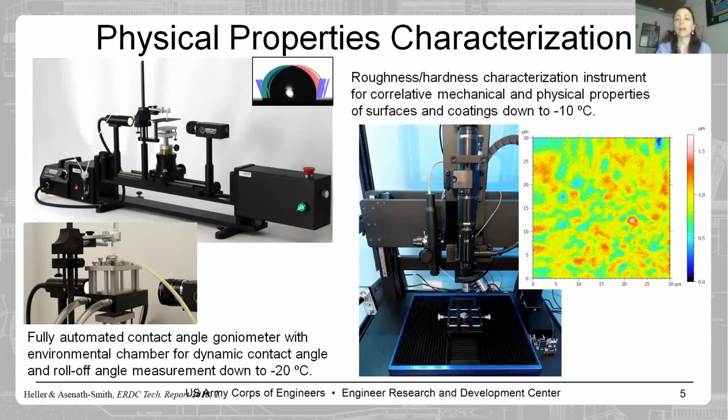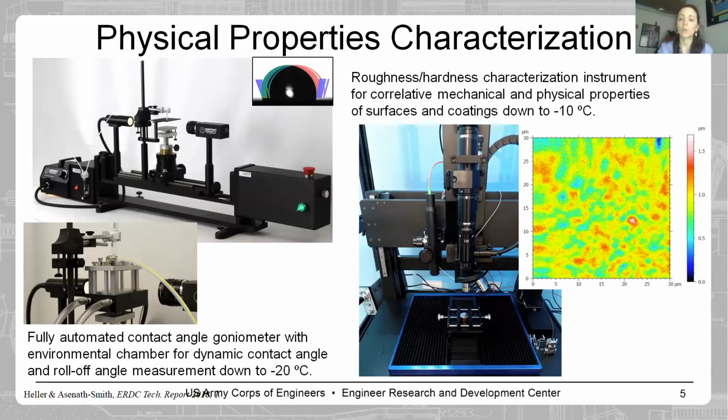And along the lines of looking at surface characteristics, this is a non-contact profilometer and nano indentation instrument. The topographic image on the right side of the slide is a surface scan taken with this instrument.